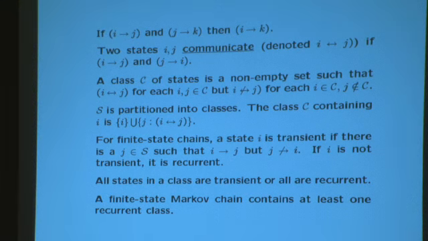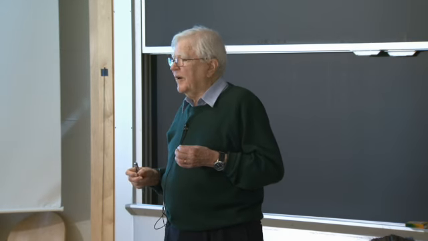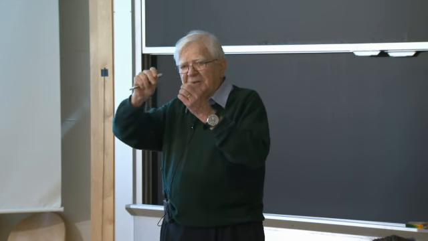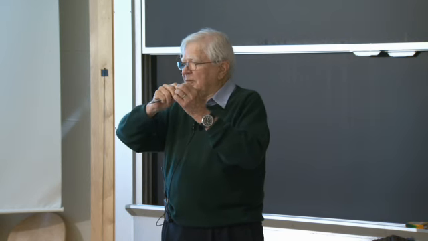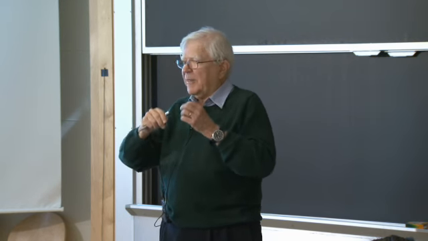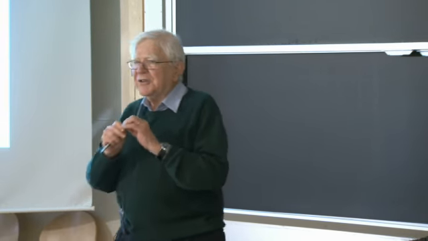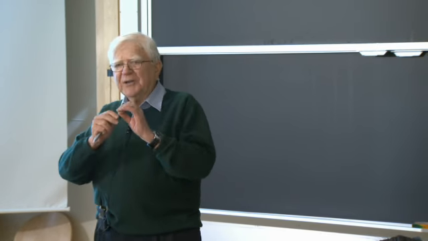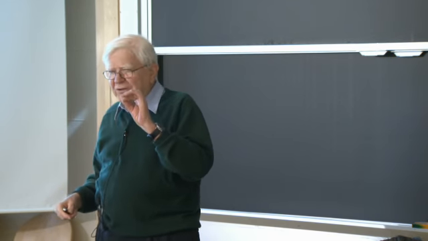So if you want to find this partition, you start out with an arbitrary node, you find all of the other nodes that it communicates with, and you find them by picking them one at a time. You pick all of the nodes for which p sub I J is greater than 0, and then p sub J I is greater than 0. If you want to find the set of nodes that are accessible from I, you start out looking at I. You look at all the states which are accessible from I in one step.